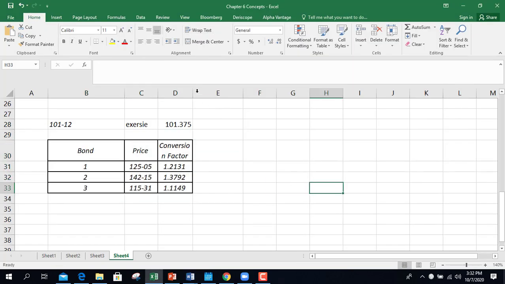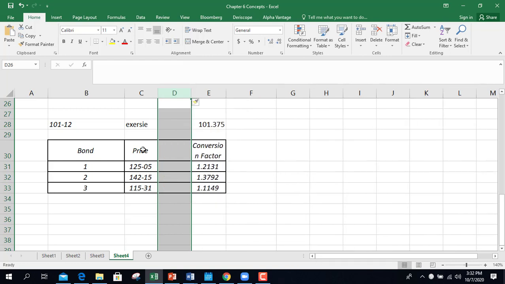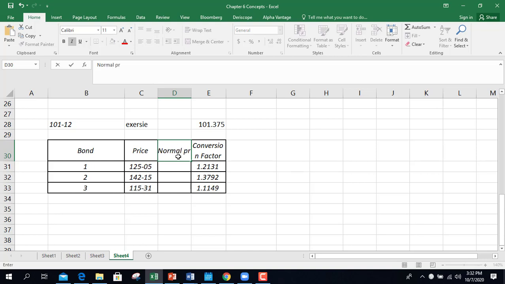Now they have given you conversion factors and prices. So this is given to you. So first thing you should do is always convert this quoted price to normal price. How do you convert to normal price? So this will be 125 plus 5 by 32.